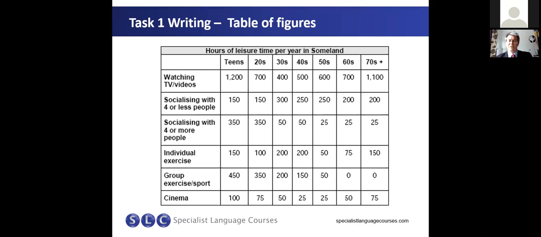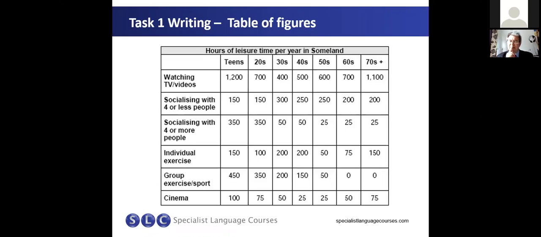Okay, so we can see down the left we've got what they do, the figures, the numbers in the body of the table. Those are the number of hours in 1 year, and the columns represent the age groups of the people in the study. Okay, I've got a clear idea what that is, but I still can't see an overall trend.